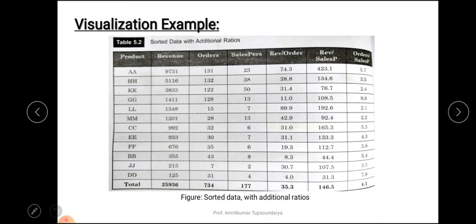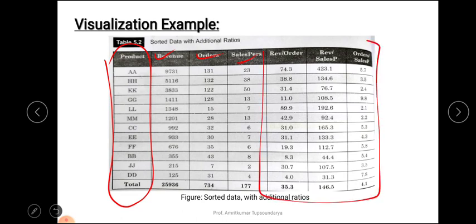In the same example using the same products, we have revenue, orders, salespersons, and we have added a few more important ratios to the right of the table here. Three ratios we have added: revenue versus order, revenue versus salespersons, and then orders versus salespersons.